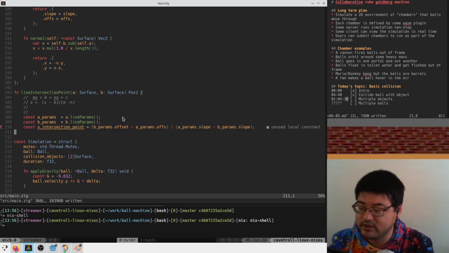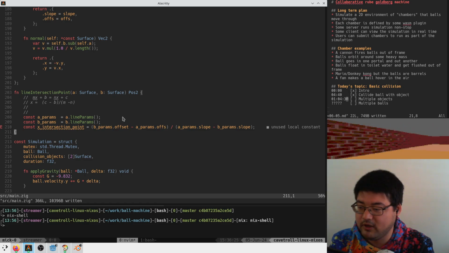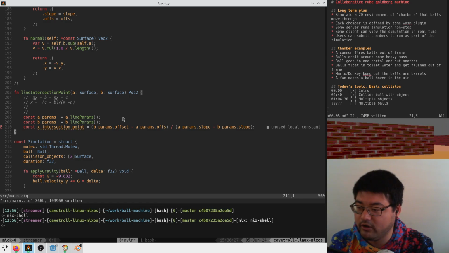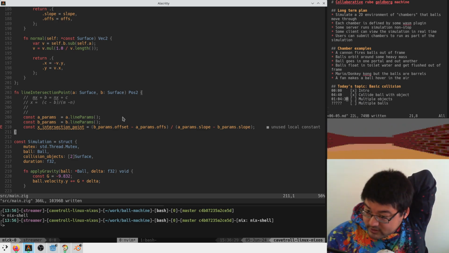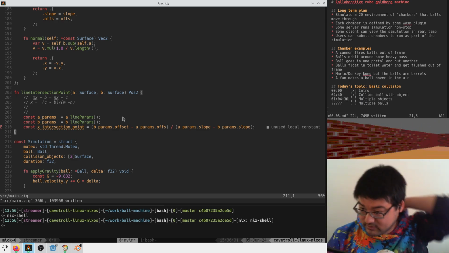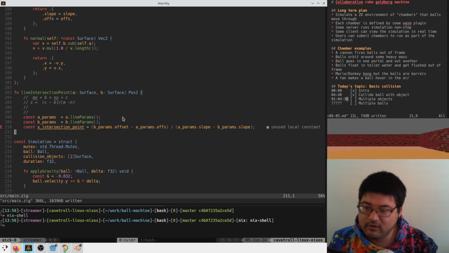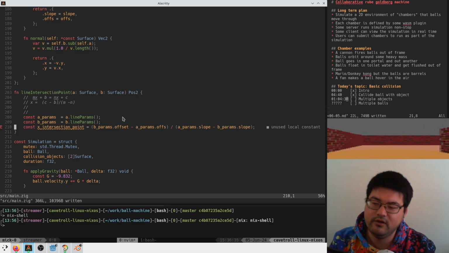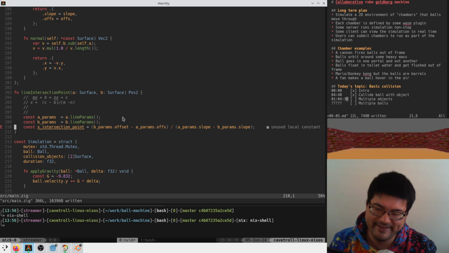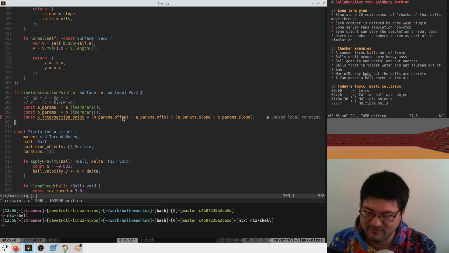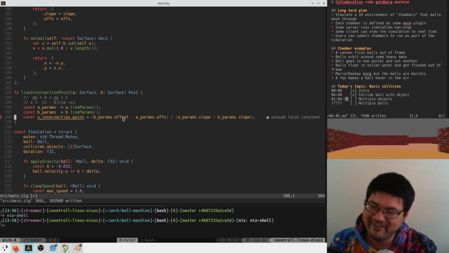Distance from ball to intersection might be more interesting. Find the closest intersection, move the ball that distance minus some small delta, apply velocity response, and try to move the ball. Isn't that what I'm doing? I think that's what I'm doing, but we'll see. I'm pretty sure that's what I'm trying to do. I'm just maybe getting there in a bit of a roundabout way. That happens a lot.